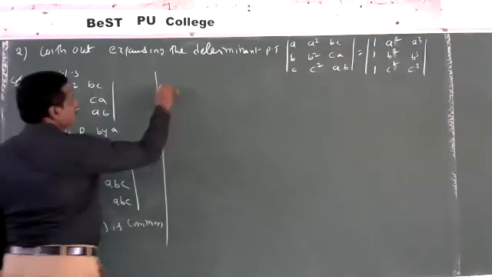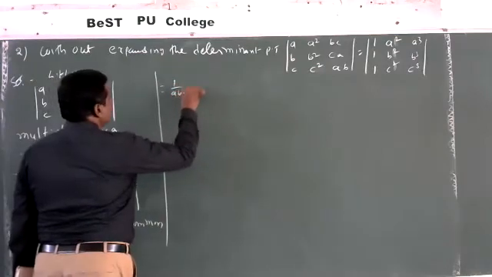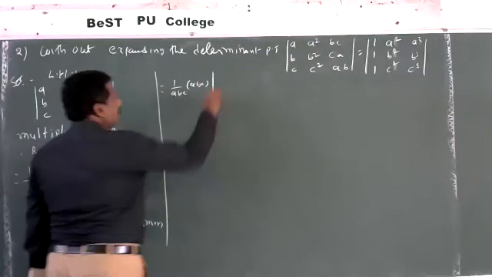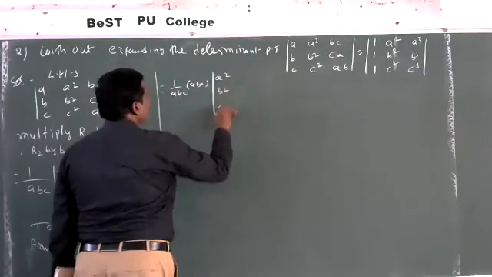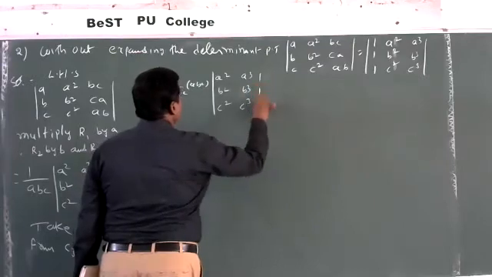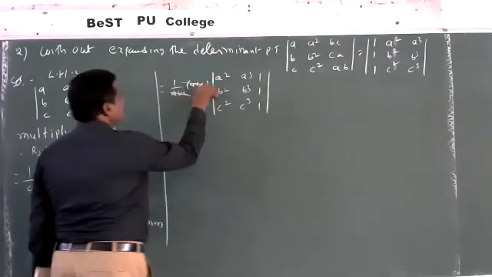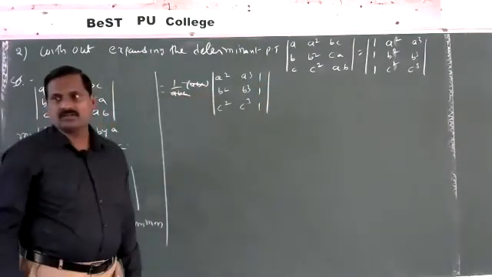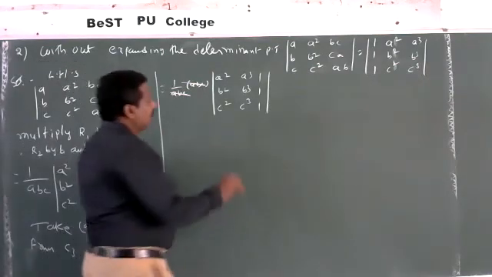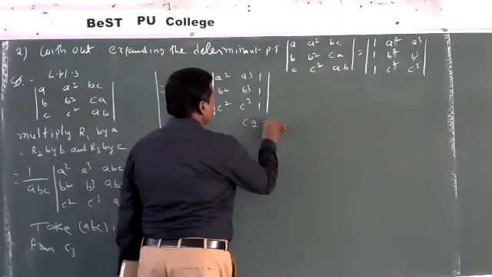Then it is 1 by abc into abc, a square, b square, c square, a cube, b cube, c cube, 1 1 1. Here abc get cancelled. Now interchange c2 and c3.